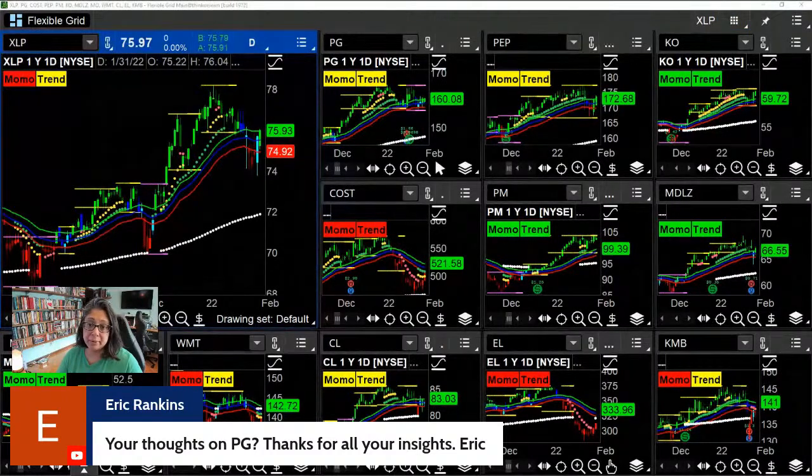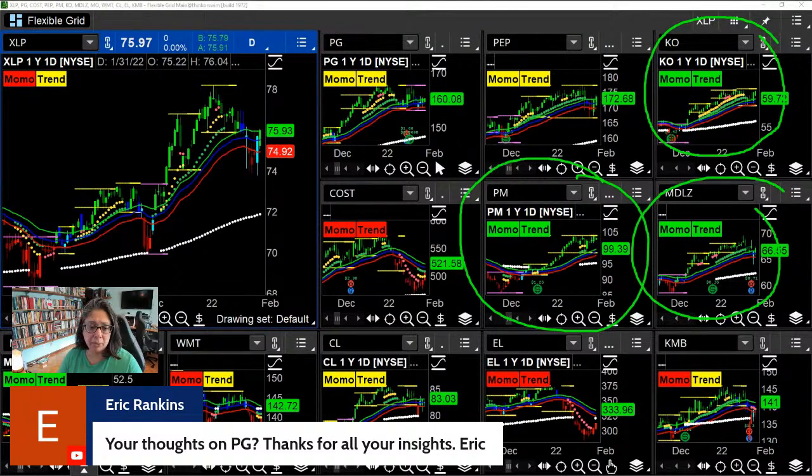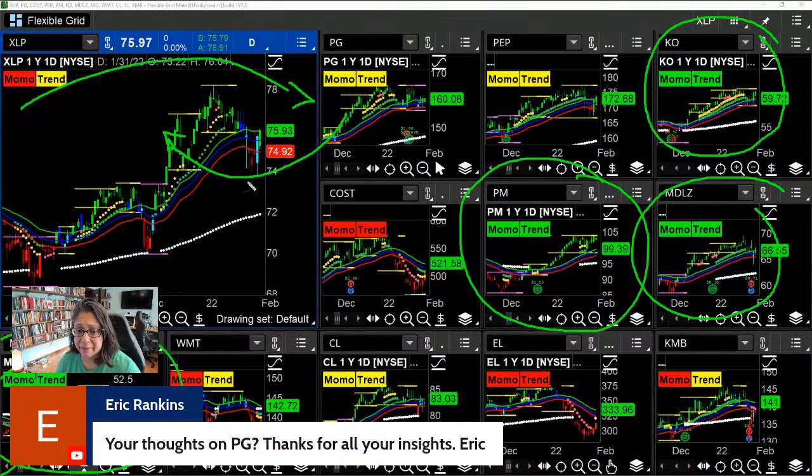There are names in the XLP that I like better. Procter & Gamble is probably a really good proxy for XLP. They're more or less going to move very similarly.